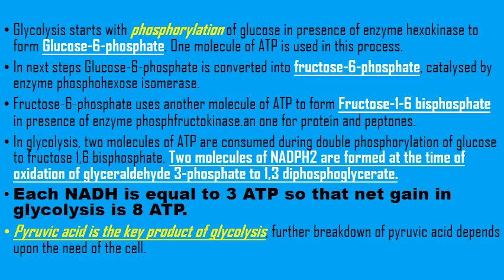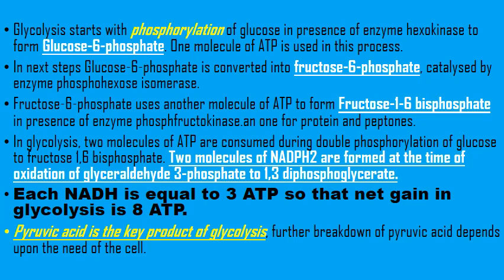Fructose 6-phosphate uses another molecule of ATP to form fructose 1,6-biphosphate in presence of enzyme phosphofructokinase. In glycolysis, two molecules of ATP are consumed during double phosphorylation of glucose to fructose 1,6-biphosphate.